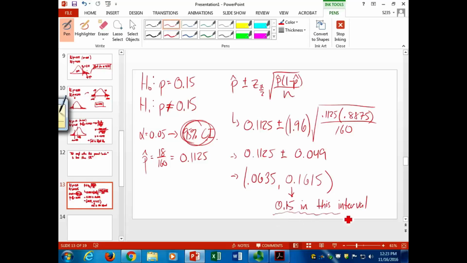And so that basically tells us that 15% seems reasonable. Seems like it could be the truth. So we should not reject that claim. So since 15% is in the interval, we're essentially going to accept the null hypothesis, but we don't ever actually say accept. So then our decision here should be fail to reject the null hypothesis.